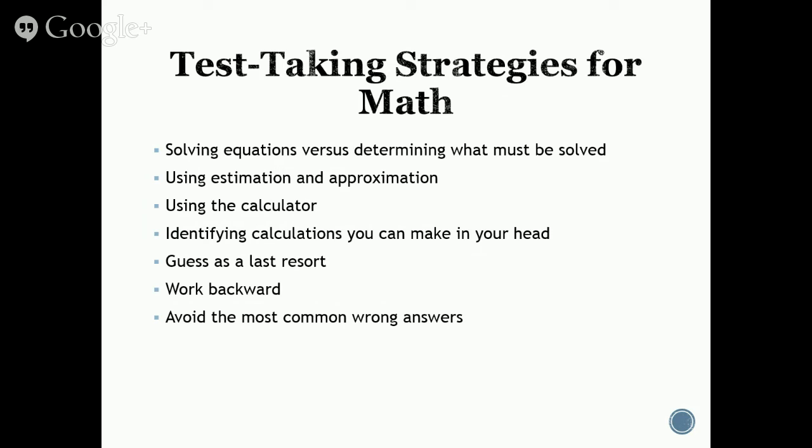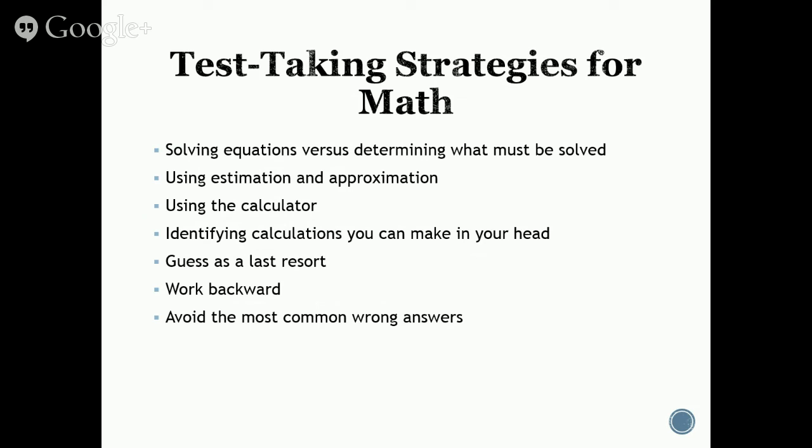So some test-taking strategies for taking the math test. You solve equations versus determining what must be solved. Use some estimation and approximation if you can. Use the calculator. And quickly try to see, is this one that I can do in my head, or do I need to pull out the calculator and take that time?